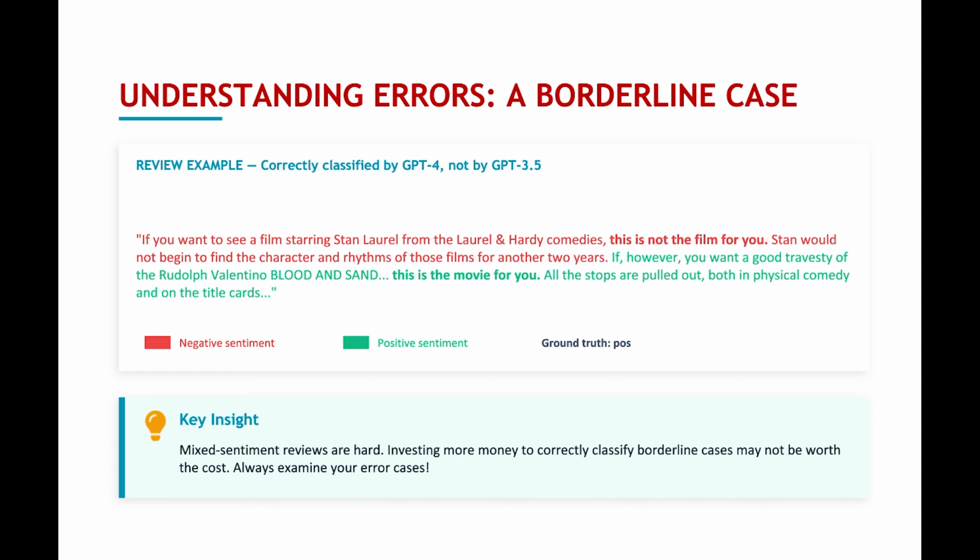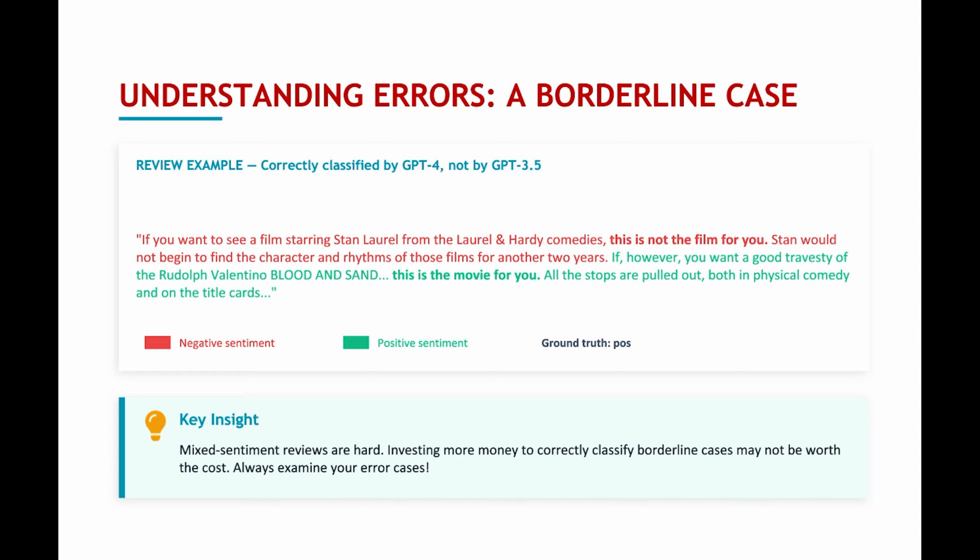The truth is that this is meant to be a mostly positive review, but only recommended to certain viewers. GPT-4 seemingly understands this and correctly predicts this review as positive, whereas GPT 3.5 overvalues the first negative phrase and marks the entire review as negative.